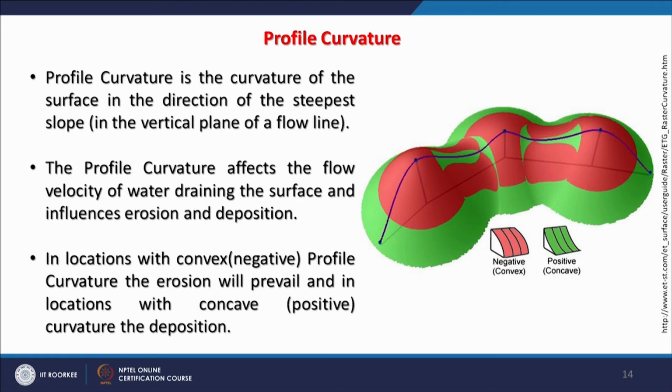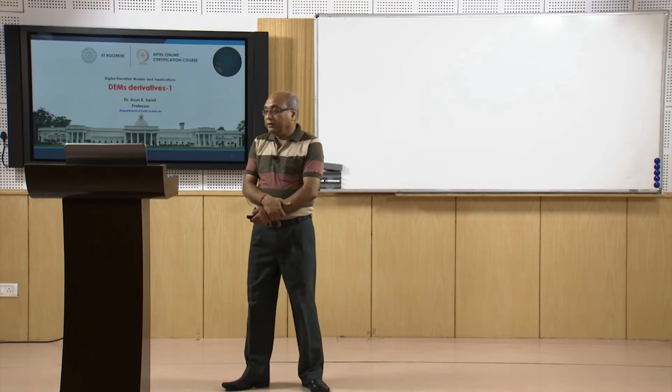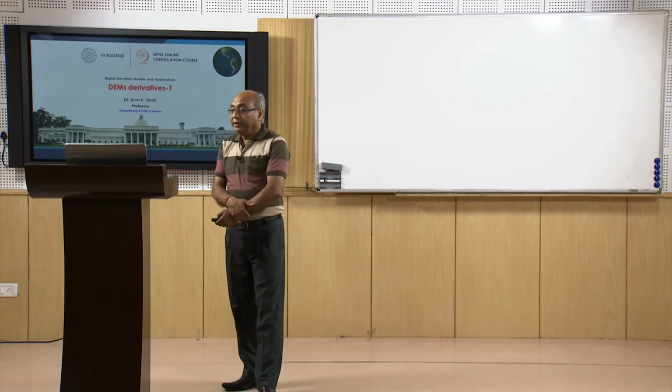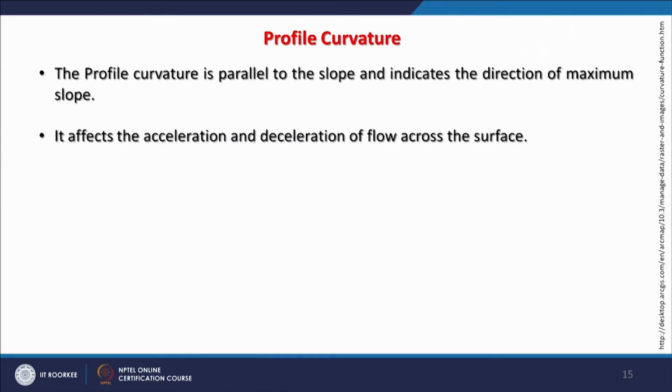That is why the calculation of these curvatures is important. Further, the profile curvature is parallel to slope and indicates the direction of maximum slope, and because we are measuring in a vertical plane, it affects the acceleration or deceleration of flow across the surface.